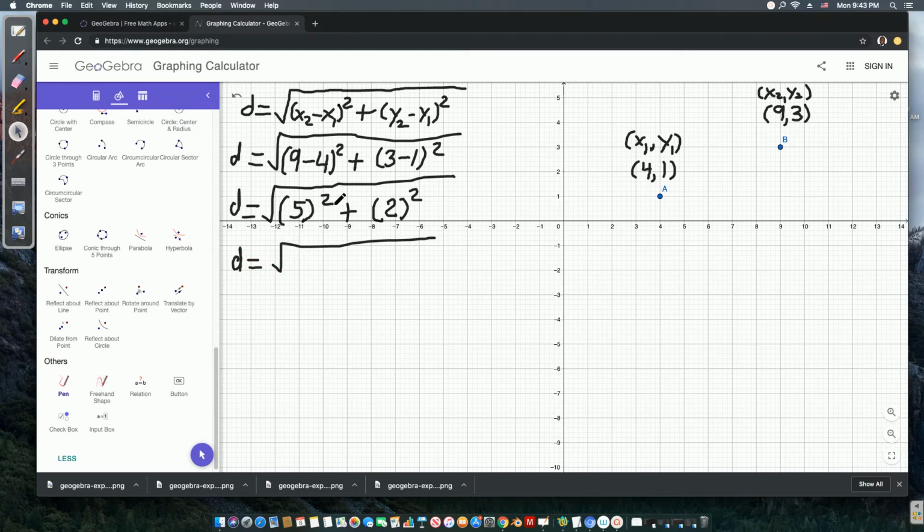We have 5 squared, 25, plus 2 squared, 4, and then we have d equals the square root of 29. That produces a value of d equals 5.385. And this is what we wanted to show.